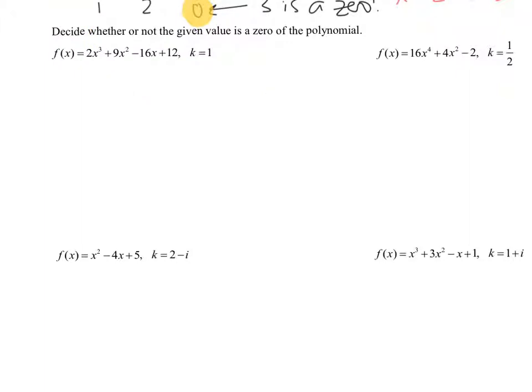So what this question is asking is, decide whether or not the given value is a 0. So we are going to have a yes or no answer for these. We have to use synthetic division because this whole chapter is about synthetic division. We have to decide if 1 is a 0 of the polynomial.